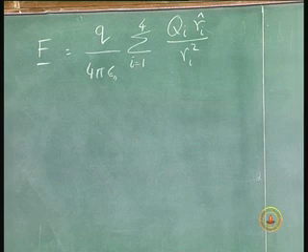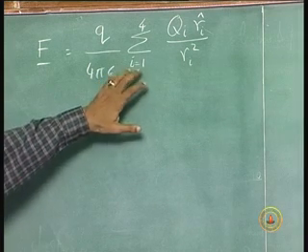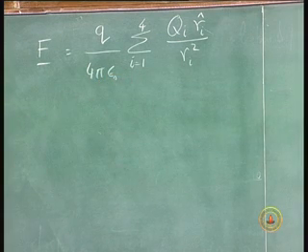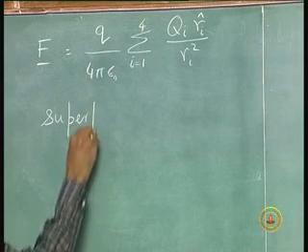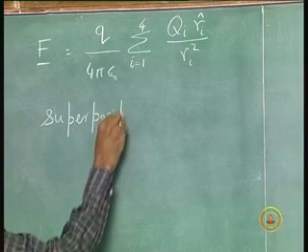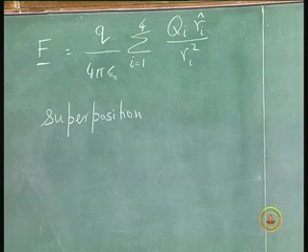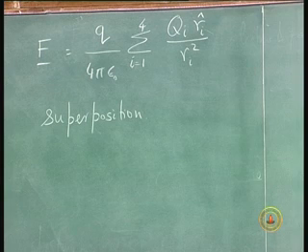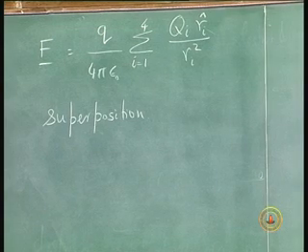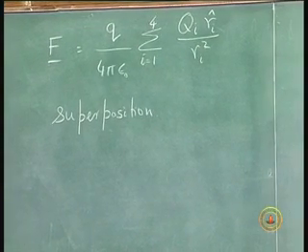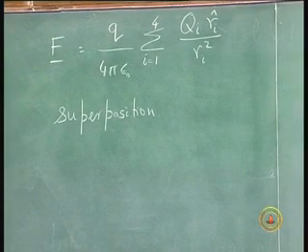Now this interesting formula is known as superposition. What it really is saying is the following: it is saying that whatever interaction there is between this charge small q and this charge capital Q1 is not affected by the presence of other charges. Let me give you an example where this would not be true.